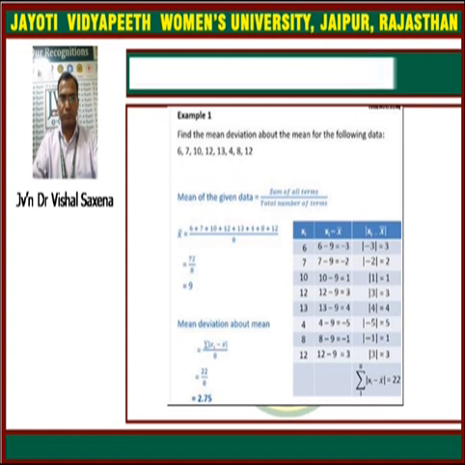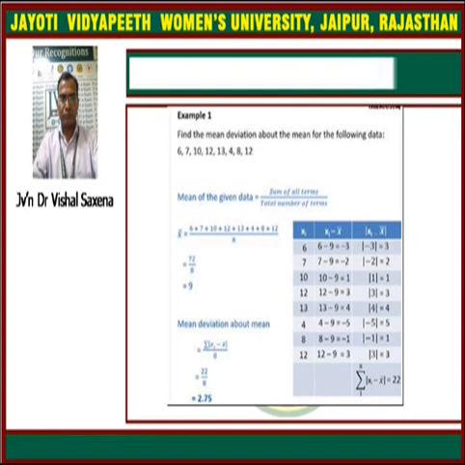So 9 is the mean value, and to calculate the mean deviation about the mean, first we have to make a table. In the table, the first column represents xi, the second column is xi minus x bar, and in the third column we take the absolute values of xi minus x bar.